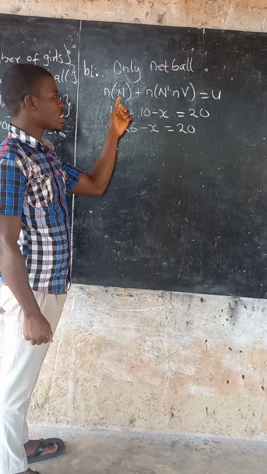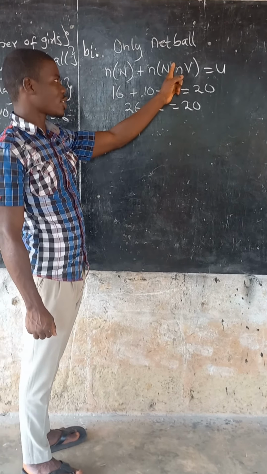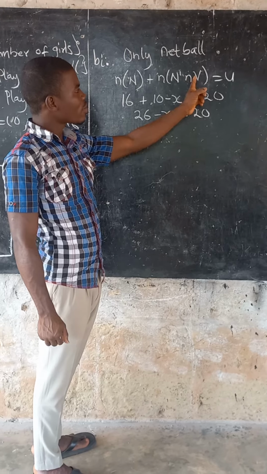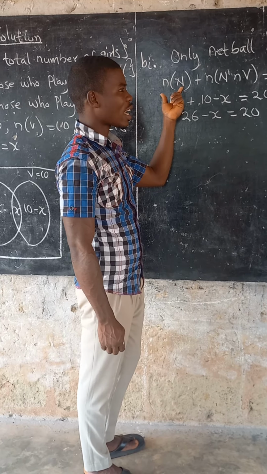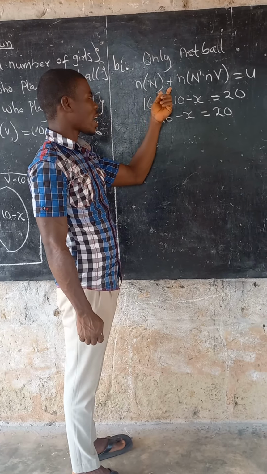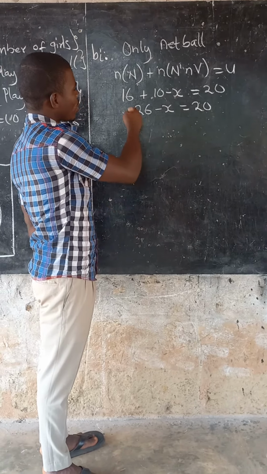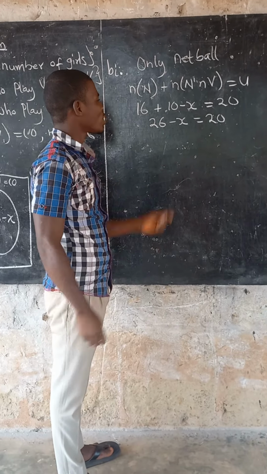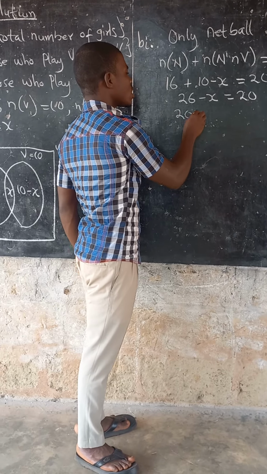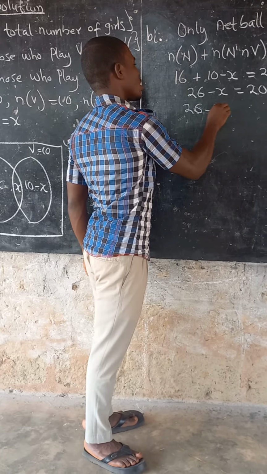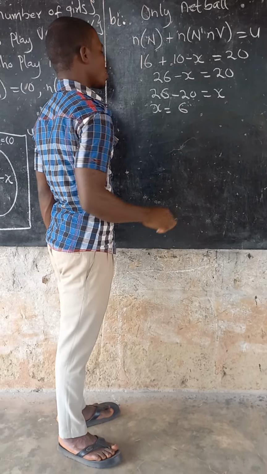The whole of N is 16, plus V only, that is 10 minus x, is equal to 20. When you add 16 to 10, you get 26 minus x is equal to 20. So we have 26 minus 20 is equal to x. So x is equal to 6.